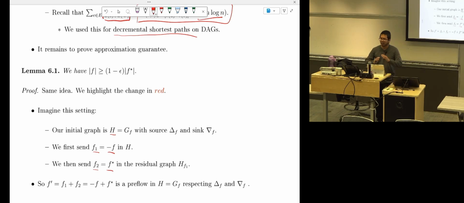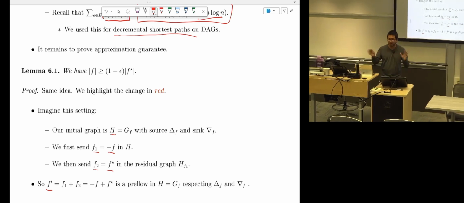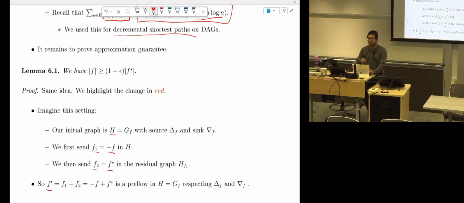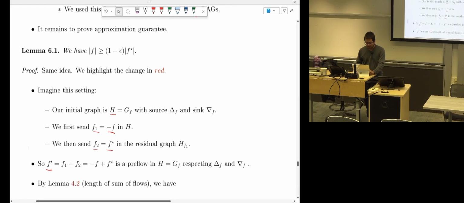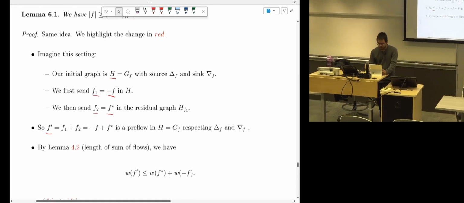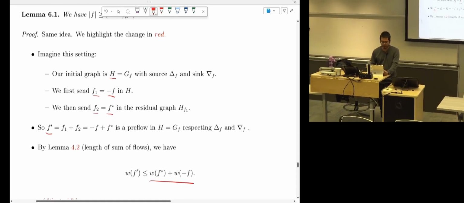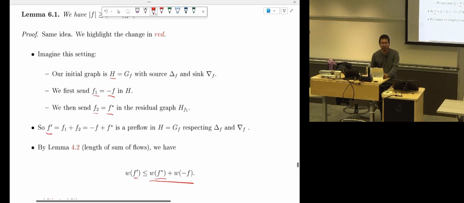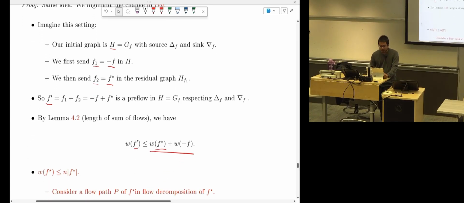Just add them up and then analyze the weight of this sum and its value, and get a contradiction. The same proof. But let's see what's the difference. We get this: the weight of the sum is at most the sum of the weights.